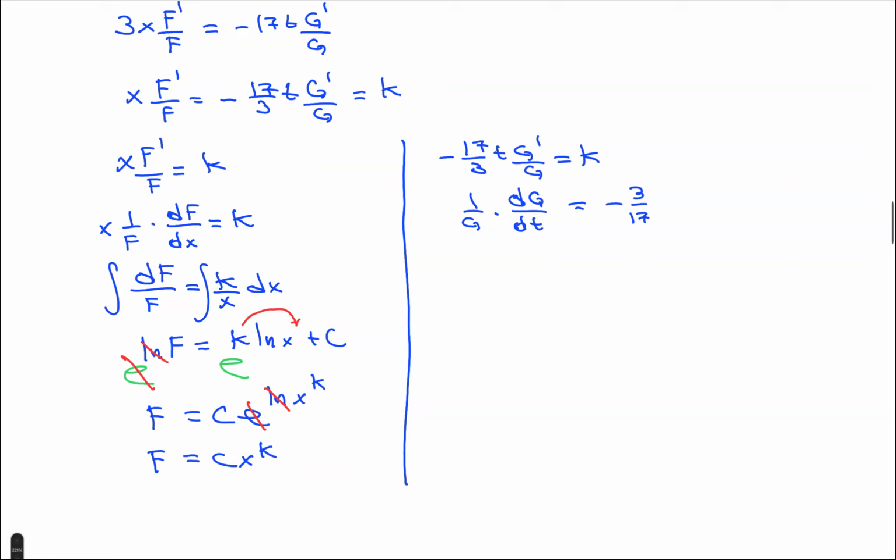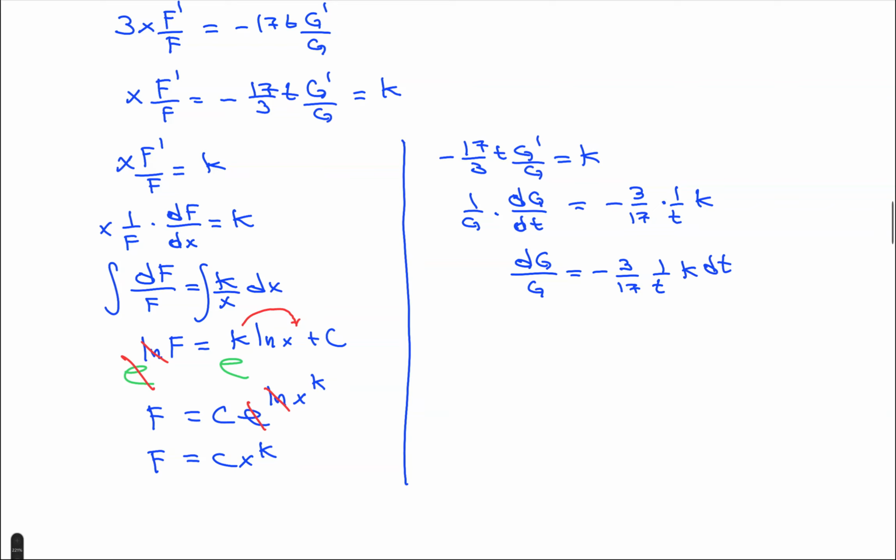And this t, which is multiplying, I'm going to divide both sides, and that's going to be 1 over t. And then k, and this dt right here, I'm going to multiply both sides by dt to get the equation dg over g equals negative 3 over 17 times 1 over t.